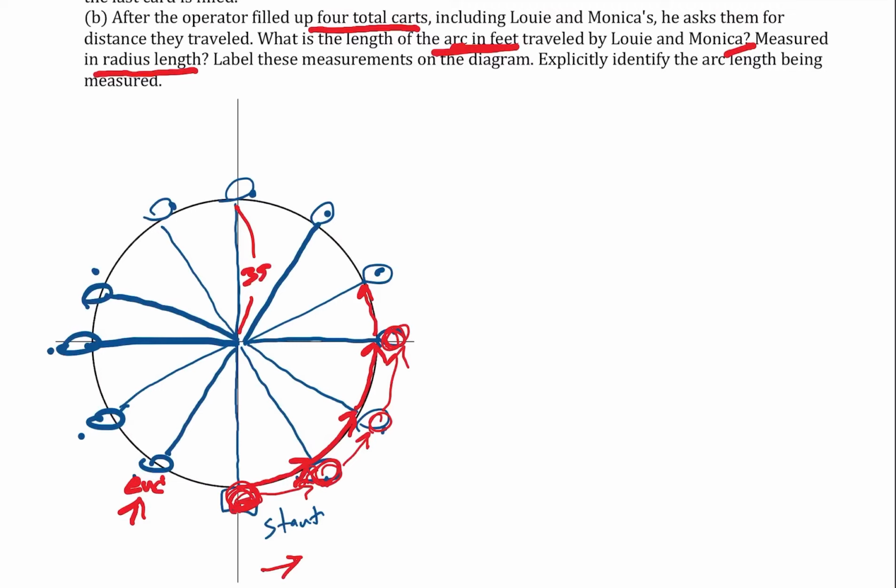So 1, 2, 3, 4. So we're actually measuring this arc length. Maybe highlight it. So how can you find this arc length? Pause the video and see if you can figure it out. Then once you've tried, come back and I'll go over it.